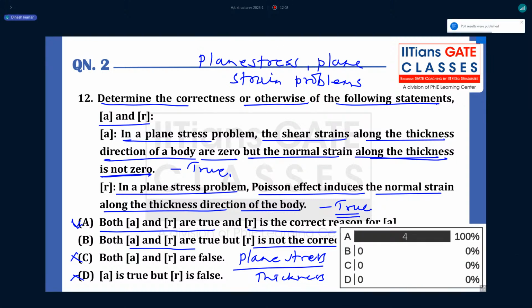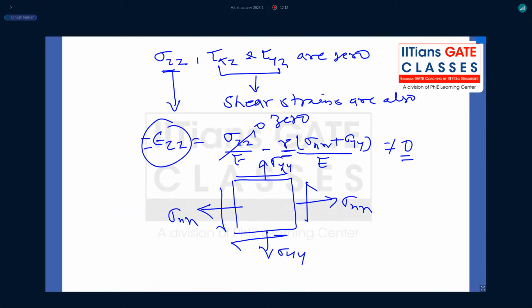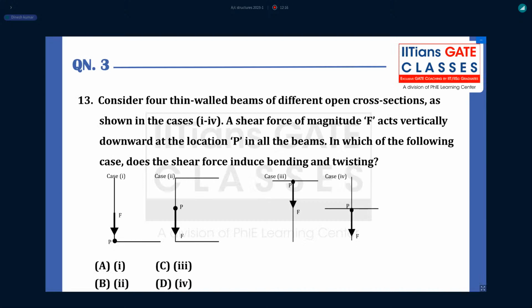Okay, so let's move to the next question, guys. Question number 13 from GATE 2016. This question is from thin-walled structures, and you should know these basics as well.